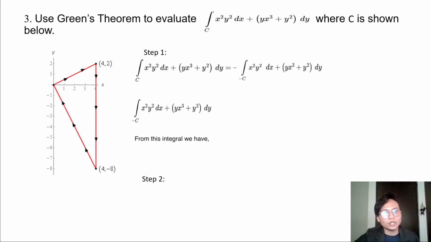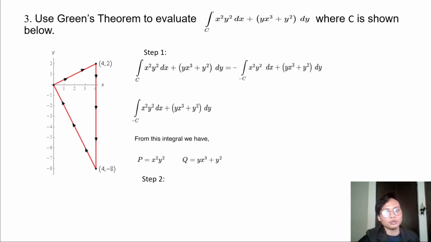From this integral we have P equal to x^2 y^2 and Q equal to y x^3 plus y^2. So remember that P is multiplied by dx and Q is multiplied by dy.